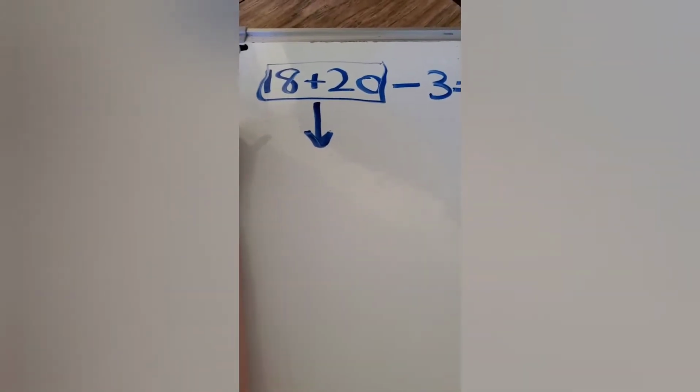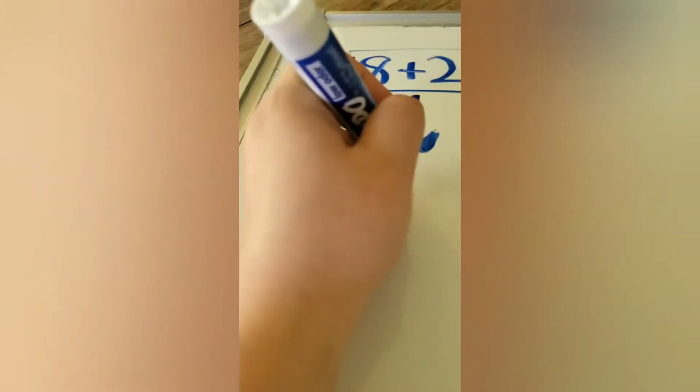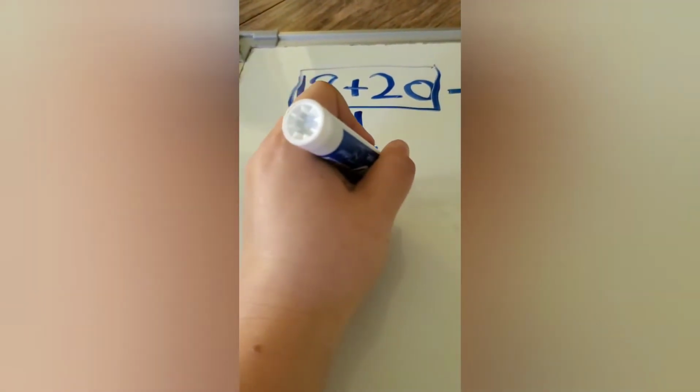So what is 18 plus 20? Okay, so I know that 20 is 2 tens, so all I have to do is add 2 tens to 18, okay? So let's see, what is it? If I do it mentally, 18, 28, 38, okay? So the answer is 38.